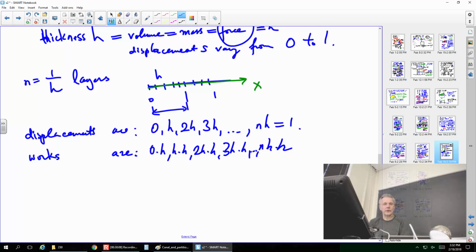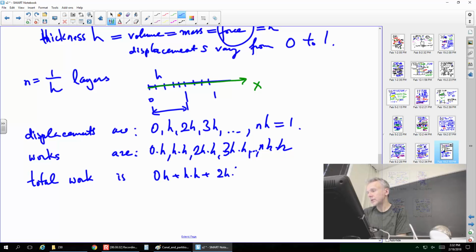The force is entirely determined by the thickness of the layer. Okay, so then what remains is to add them together. Total work is the sum of these, so 0 times h plus h times h, 2h times h, plus nh times h.